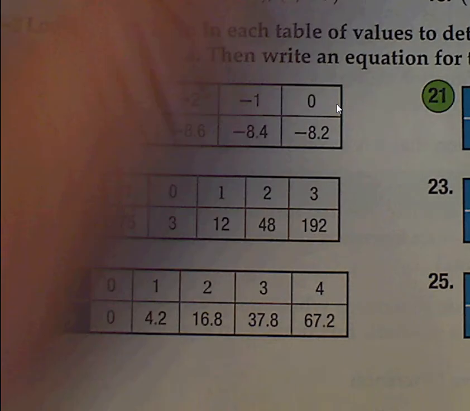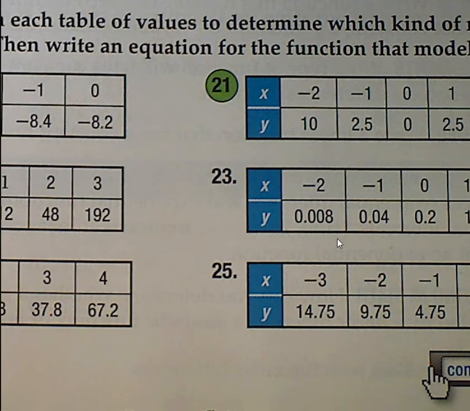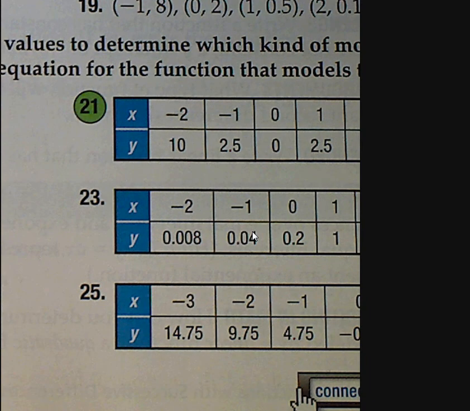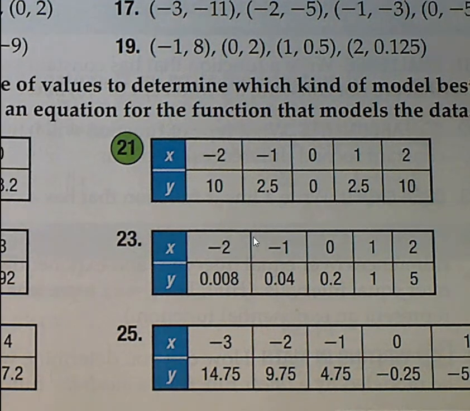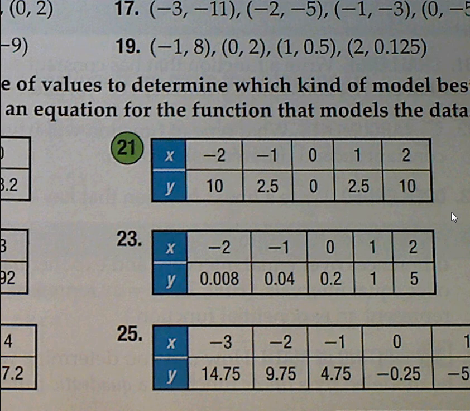Number 21. 10 to 2.5. So 10 to 2.5 to 0 to 2.5 to 10. There is no possible way that I am dividing by the same number or adding by the same number, which means that this has to be a quadratic.